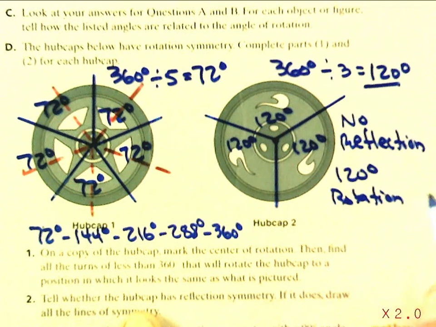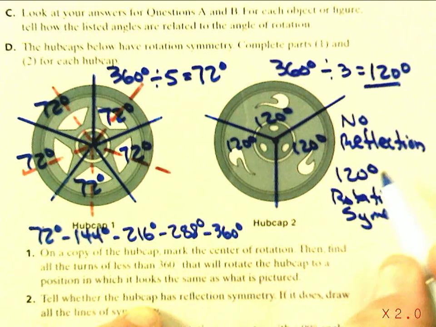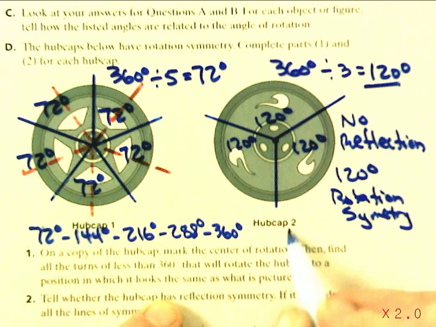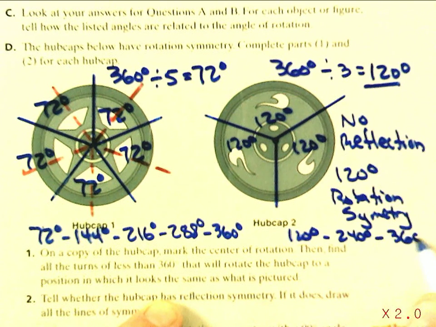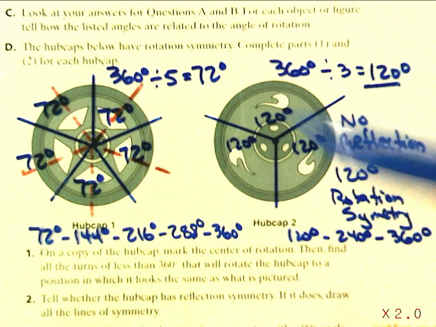And the different angles that I can rotate it and still get that image back are 120 degrees, 240 degrees, and 360 degrees. Those are my 3 rotation angles that I can rotate it and get it back to what it originally looked like.